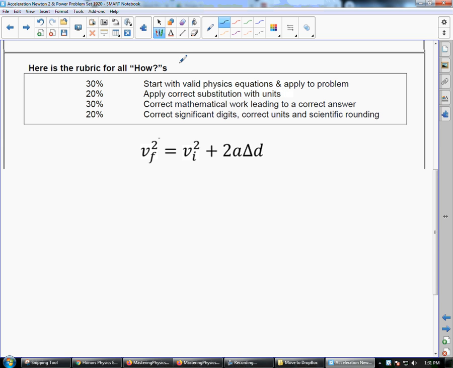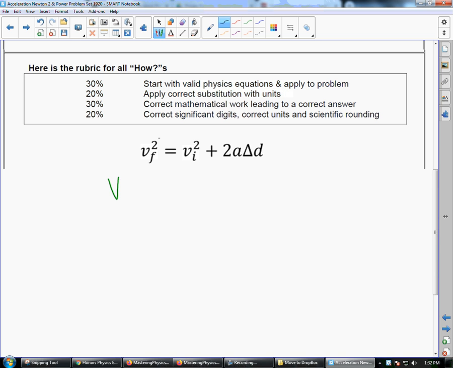And which direction do you want to call positive, up or down? Down? That's a good choice. Down is a really good choice, because if it's down, then all my numbers are positive. Think about it. Which way is it accelerating? Down. Which way is it moving at the end? Down. So, great choice. Down is positive.